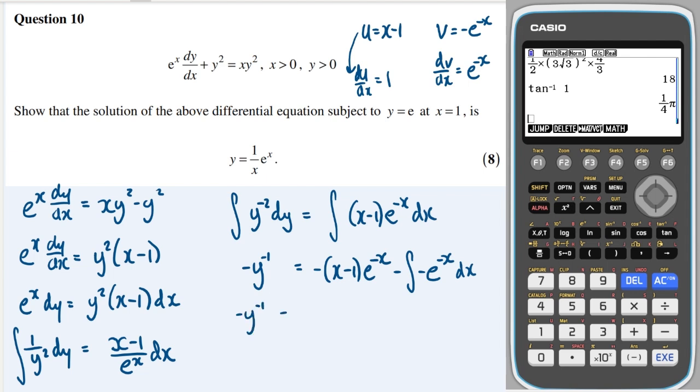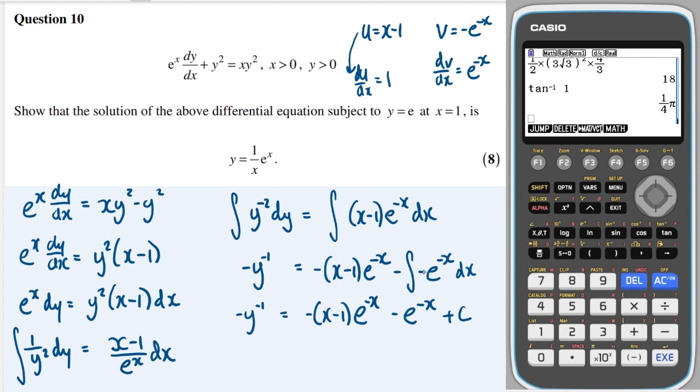Okay, great. Let's write this out again. So minus x minus 1 e to the minus x, and then this is going to give us a minus e to the minus x plus c. Is that right?